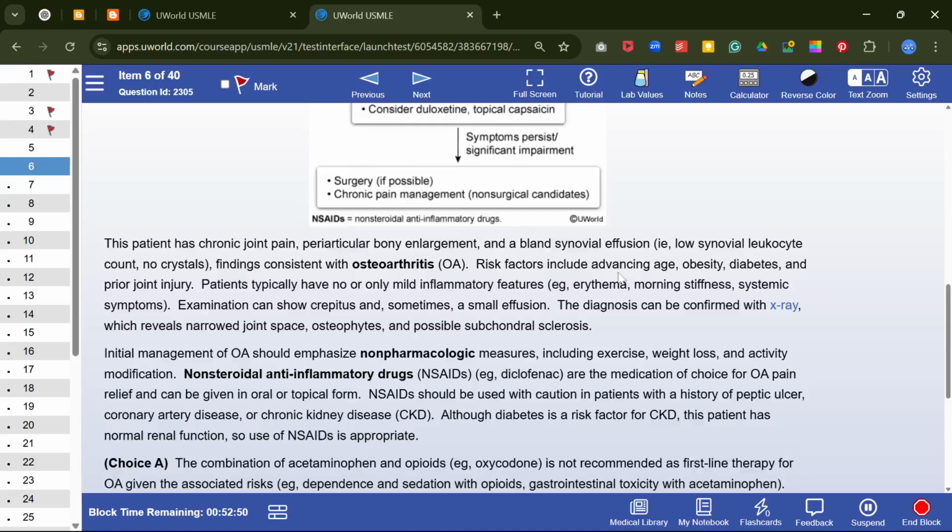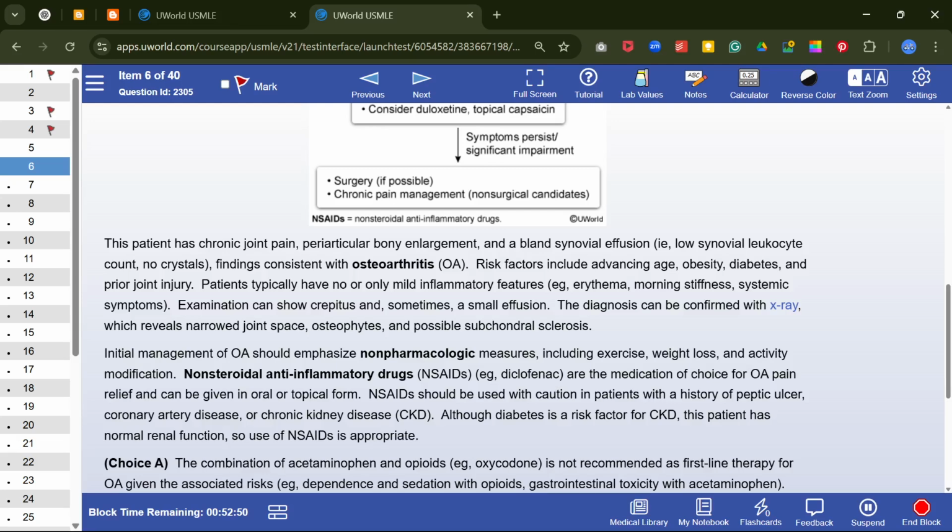This patient has chronic joint pain, periarticular bony enlargement, a bland synovial effusion, low synovial leukocyte count, and no crystals, findings consistent with osteoarthritis.